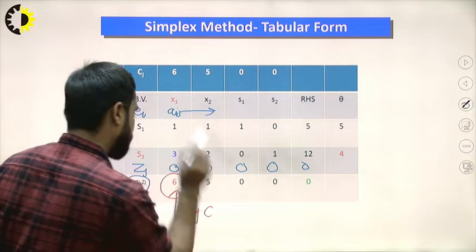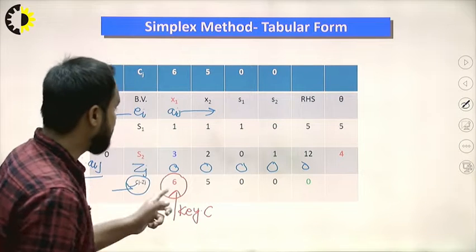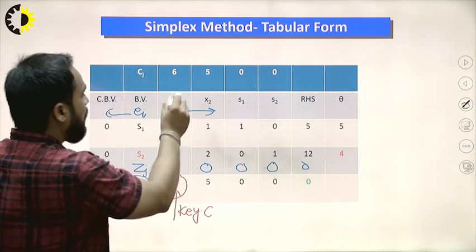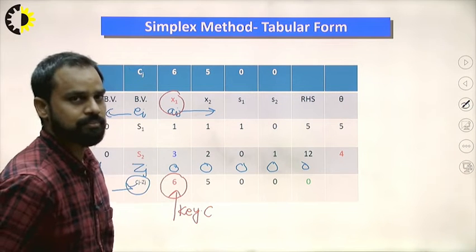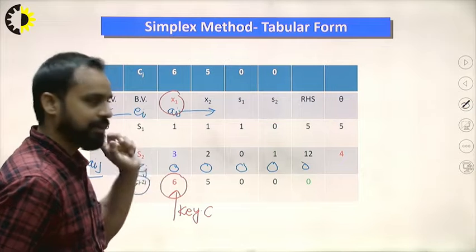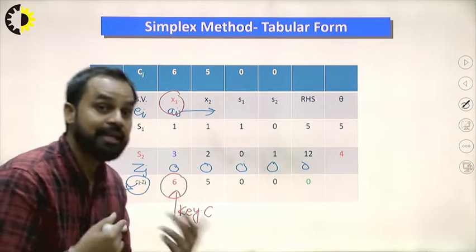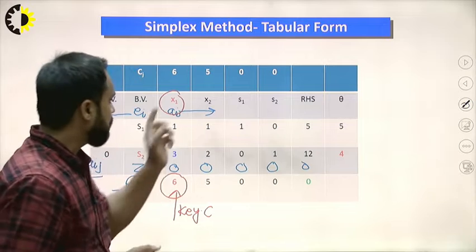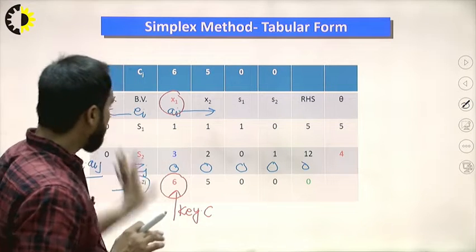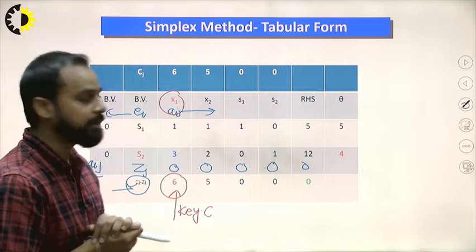Key column. The meaning of key column is that x1 will enter. Key column represents the entering variable in the next iteration. X1 will be the entering variable in the basic variable table.